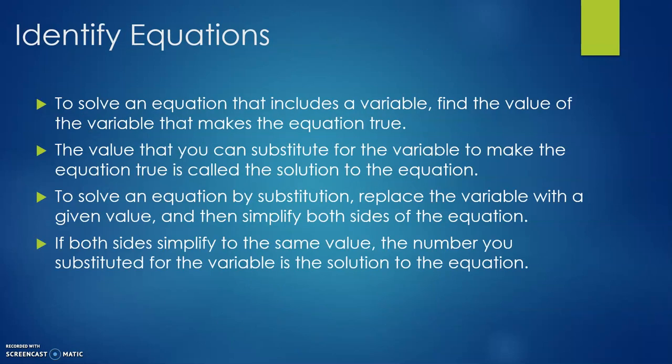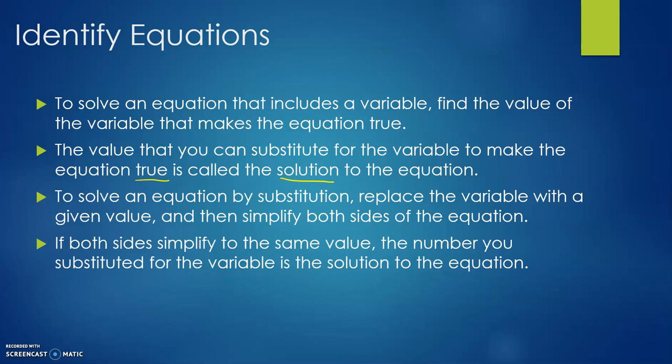So today we are going to take that same type of idea but apply it to equations. To solve an equation that includes a variable, we have to find what the variable equals so that the equation is a true statement. The value that you can substitute for the variable to make the equation true is called the solution. So the number that you plug in for the variable and it makes it a true statement is called the solution, the answer.